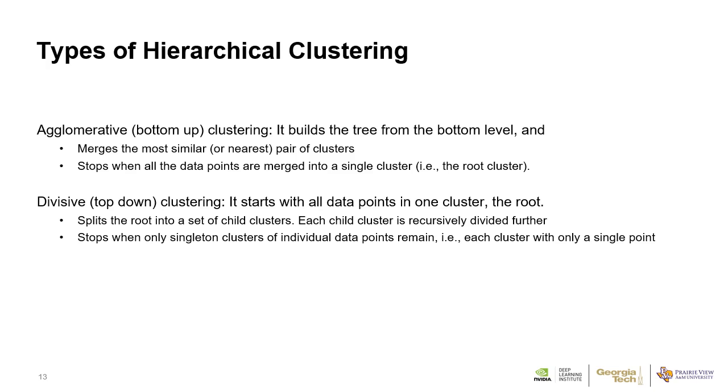The other is divisive, a top-down clustering, which starts with all data points in one cluster, the root, then splits the root into a set of child clusters. Each child cluster is recursively divided further. Finally, it stops when only singleton clusters of individual data points remain, that is, each cluster with only a single point.